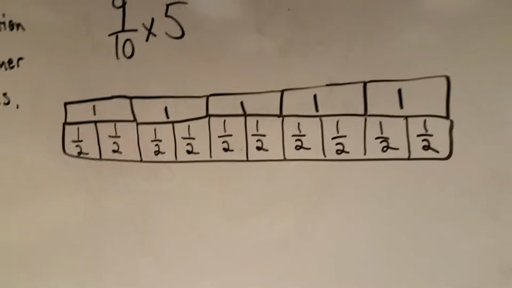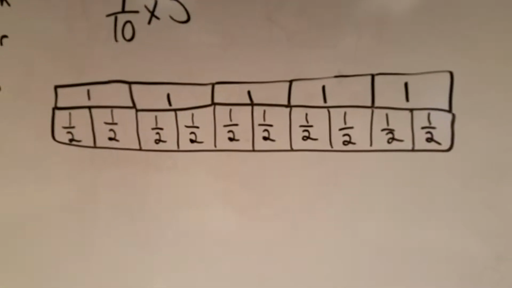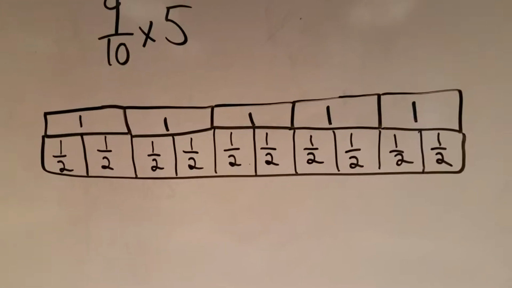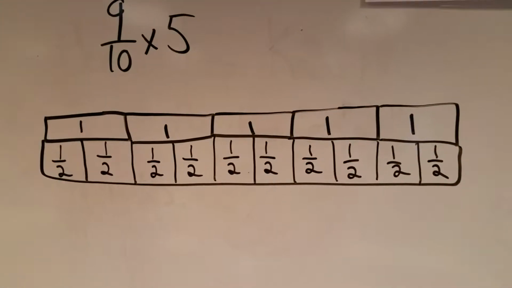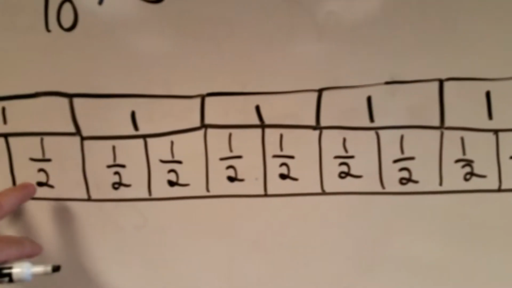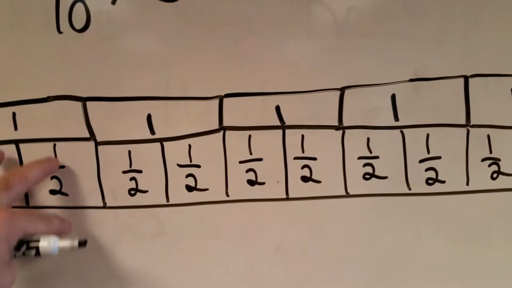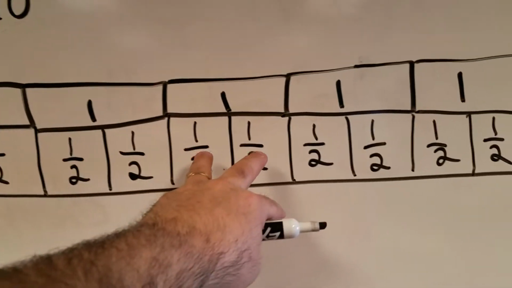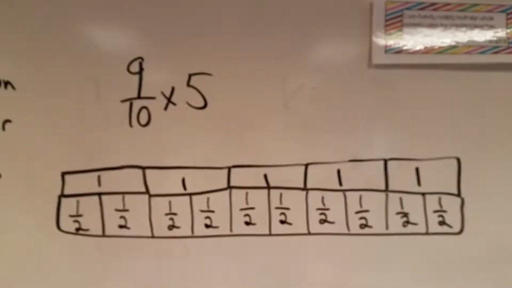I still have my 10 pieces, I still have my 5 wholes, but now they're in 10 pieces, and that's what I'm looking for. Now, why are they 1/2? Well, because there's 10 pieces, 10 boxes. Underneath a whole, there are 2 here, 4, 6, 8, 10.